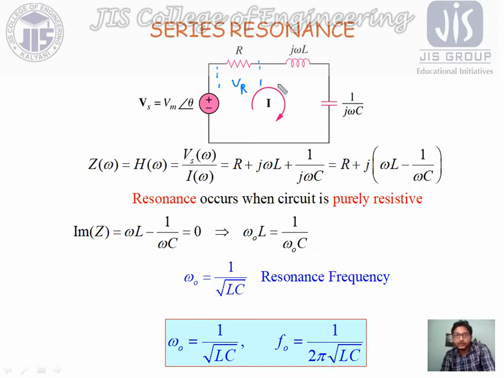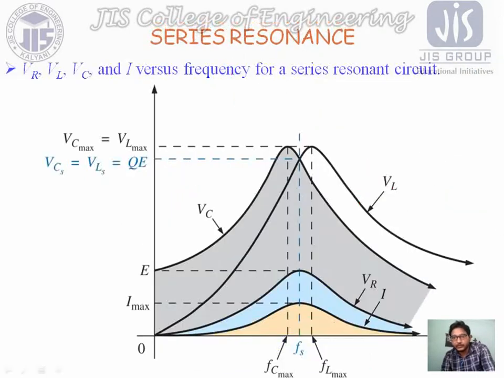So if we take the voltage across the resistor, the inductor, and the capacitor, and make a graph based on the frequency, we will get these types of curves for the voltage across the inductor and the voltage across the capacitor. So in the next we can go for that.